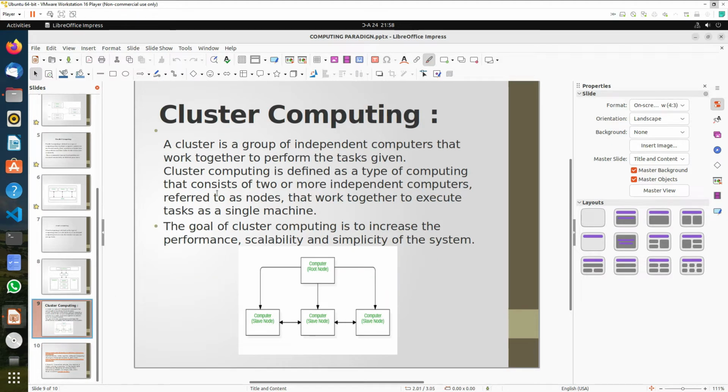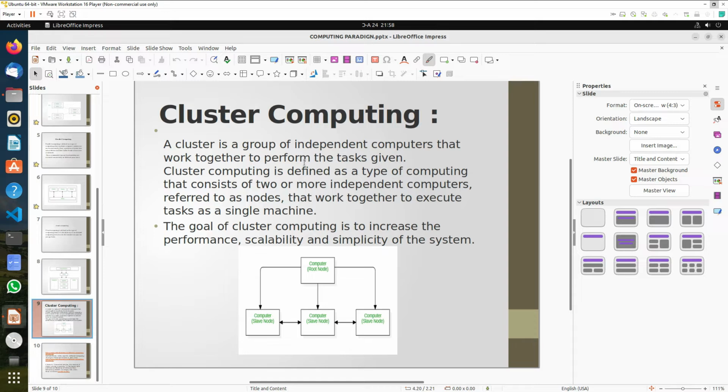Now what is cluster computing? With cluster computing, all these computers work together to perform the given task they are expected to perform. Just like in distributed computing, there are lots of computers, and it's the same with cluster computing. There are a lot of computers, and some may be referred to as nodes.